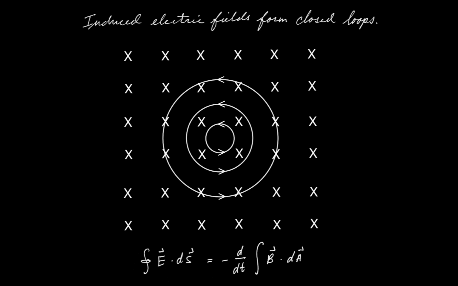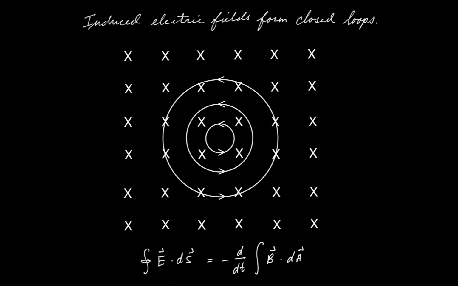There must be some source of magnetic field around somewhere which is being manipulated. Perhaps this is the magnetic field inside of a solenoid, and I'm simply increasing the current inside the solenoid, which would increase that magnetic field. However it's done, here I have magnetic field directed into the screen, and that magnetic field is increasing.